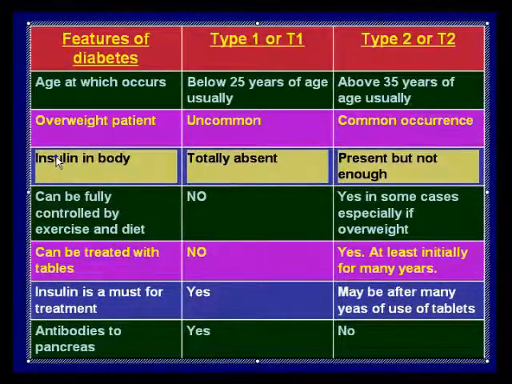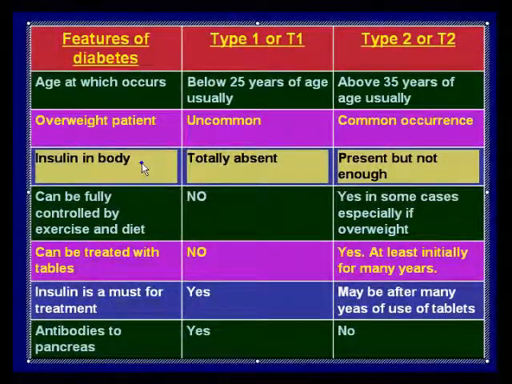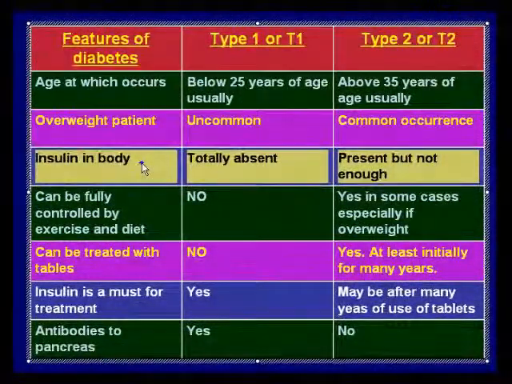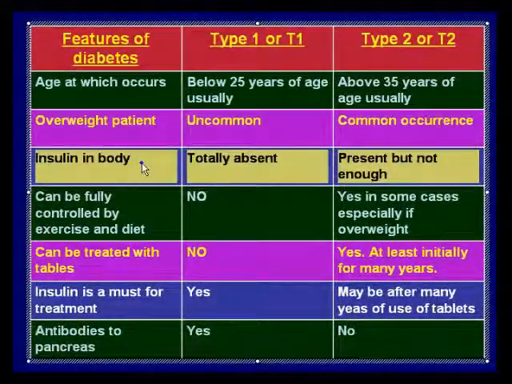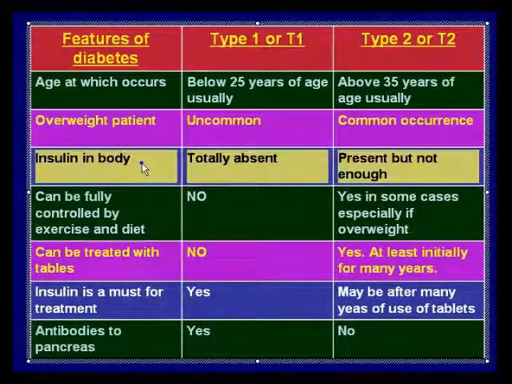If we look at the presence of insulin in body, in type 1 diabetes, insulin is totally absent from the body, and in type 2 diabetes, insulin is present, but the amount present is not enough. So there is a relative deficiency of insulin.